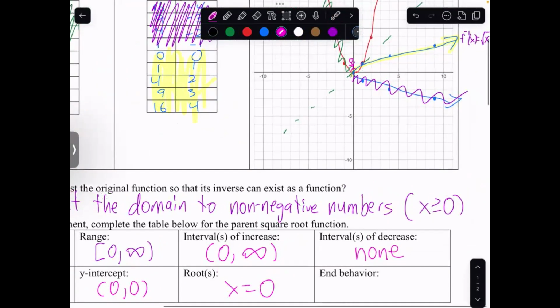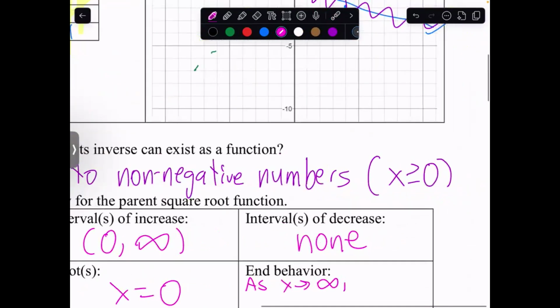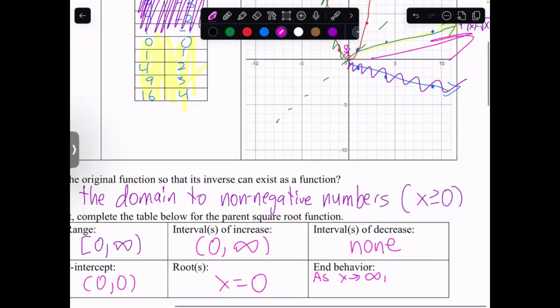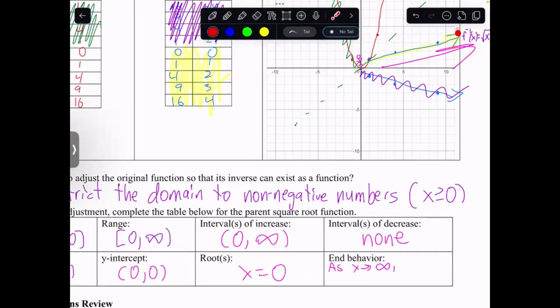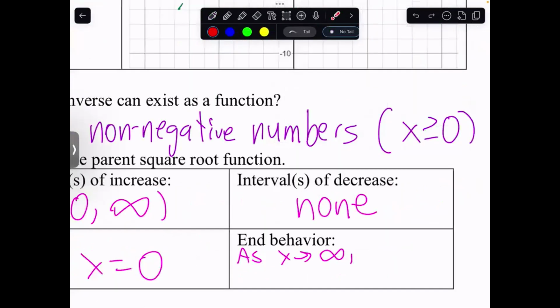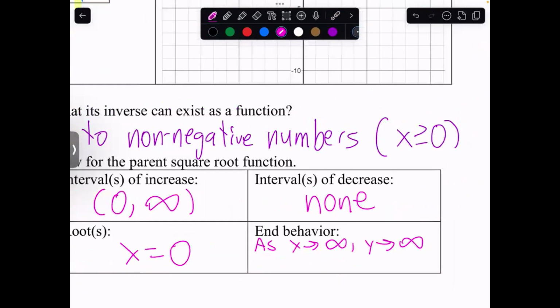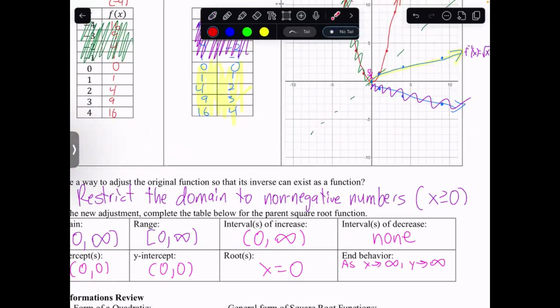And then lastly, the end behavior. We can start the same way as normal. As x approaches positive infinity, which means as the graph continues forever to the right, you can see the y values are going upwards. And that's it for that behavior. It's a little different, because normally the second half of the statement is what happens as x approaches negative infinity.